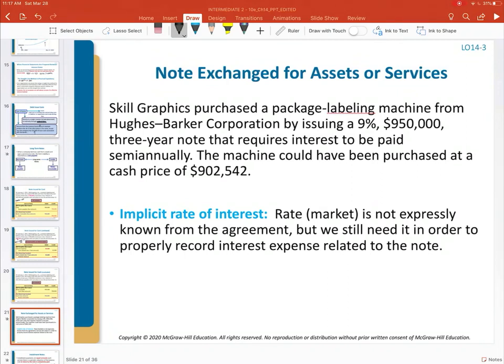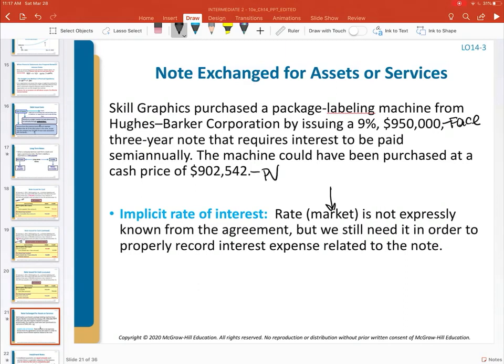So what we have to do in a problem like this, where we are issuing a note in exchange for a non-cash asset, and notice this face amount of our note is different than the present value or the market value of the machine on that day. So because of that, what we can assume is that there is a market rate of interest that is sort of implied in the value of that machine, but it's just not stated. We just don't know what it is.